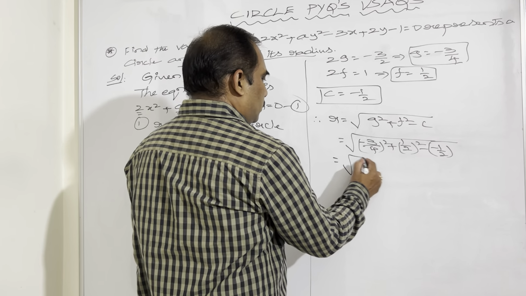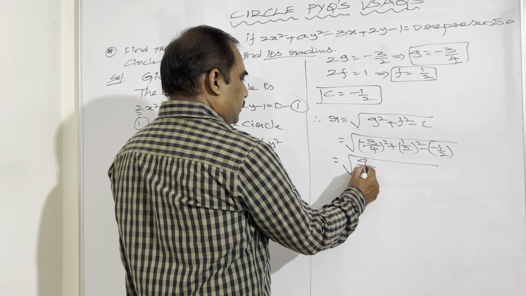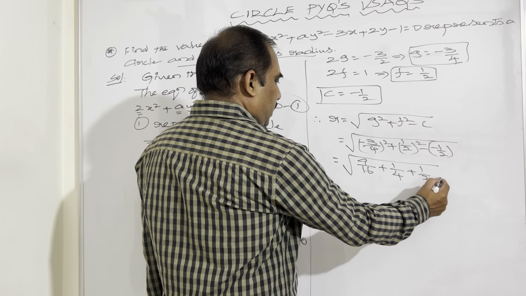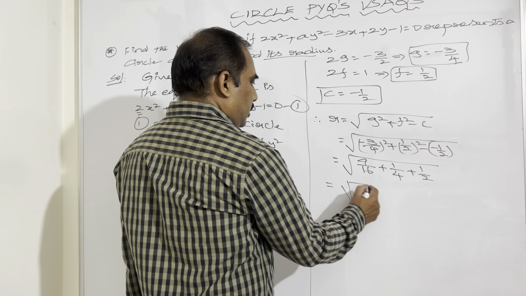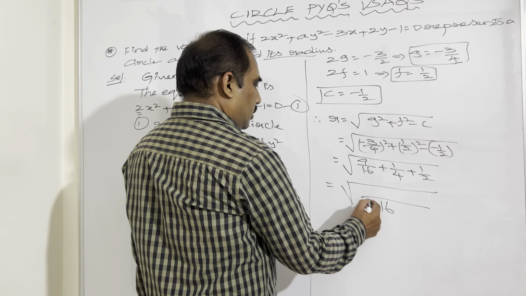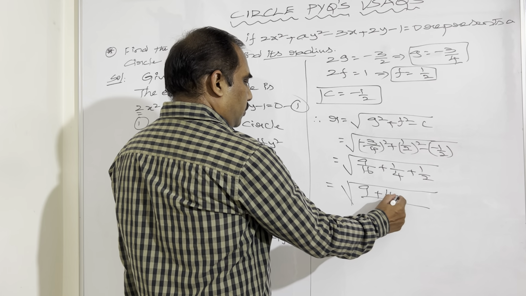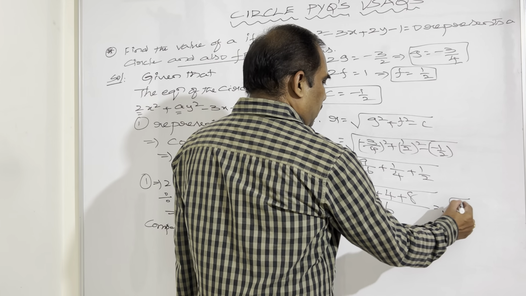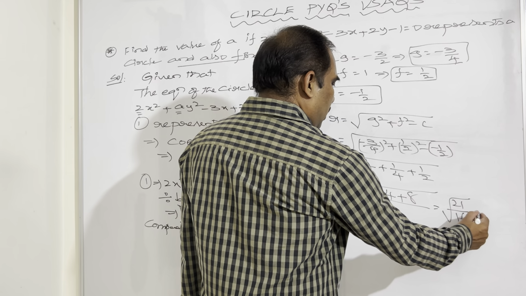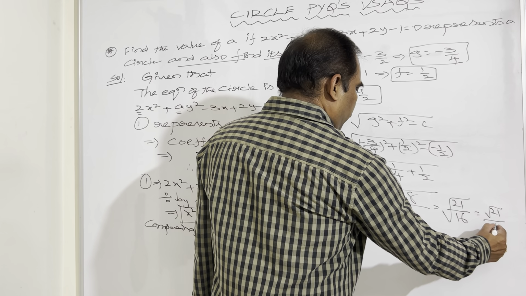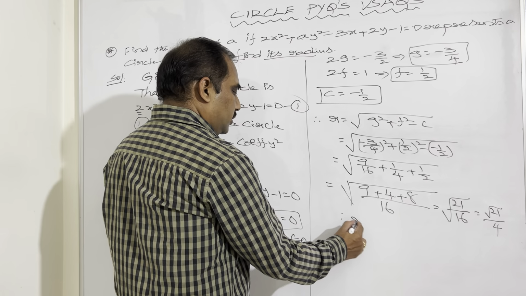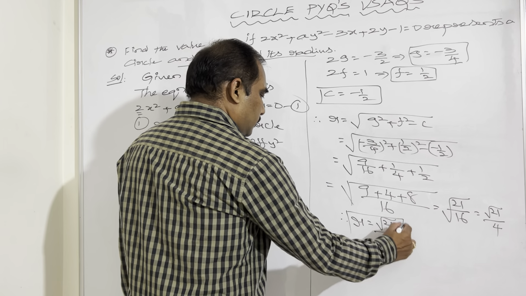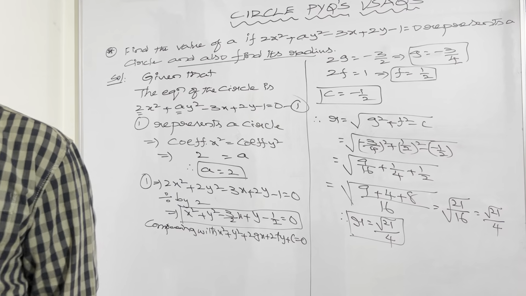Now this becomes root over 9 by 16 plus 1 by 4 plus 1 by 2. Taking the LCM 16, we get 9 plus 4 plus 8, root 21 by 16, so finally root 21 by 4. Therefore the radius of the circle is root 21 by 4. Like this we can find the solution.